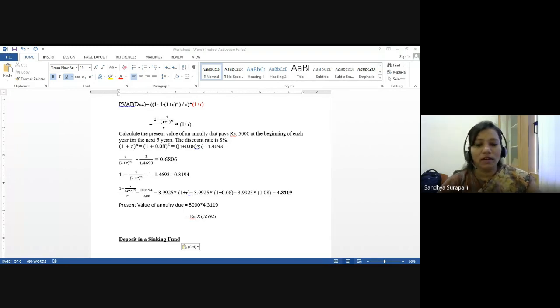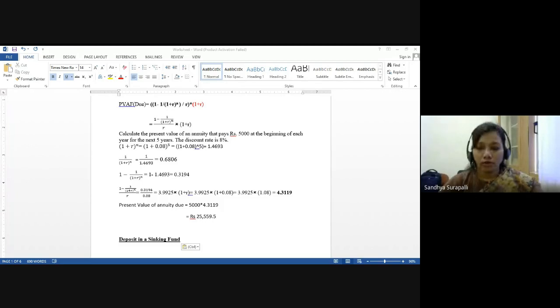Sinking fund means a fund is created by companies to replace old machinery, so that later it will not become difficult for them to arrange funds for buying that huge equipment, which involves huge amounts of money.